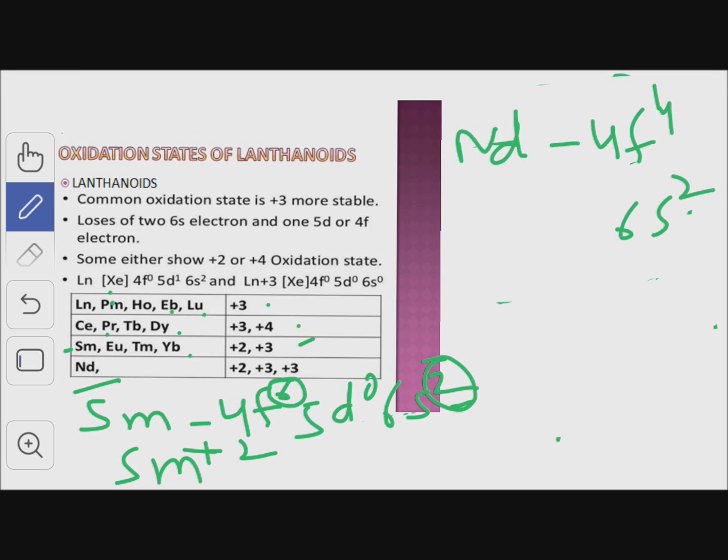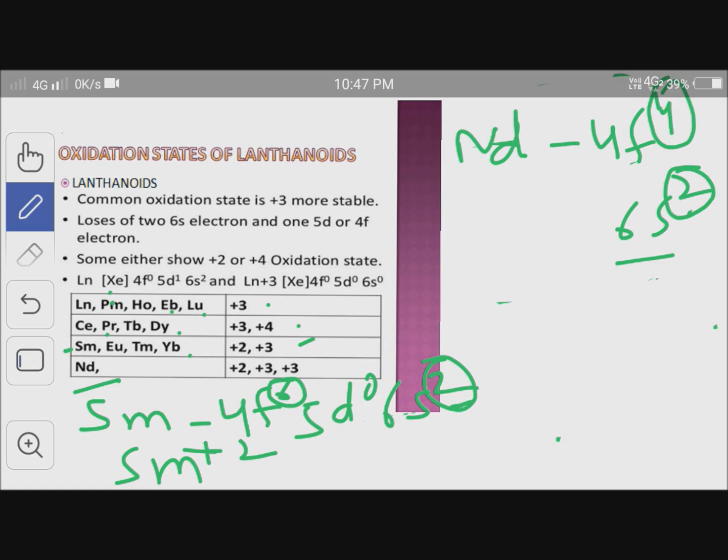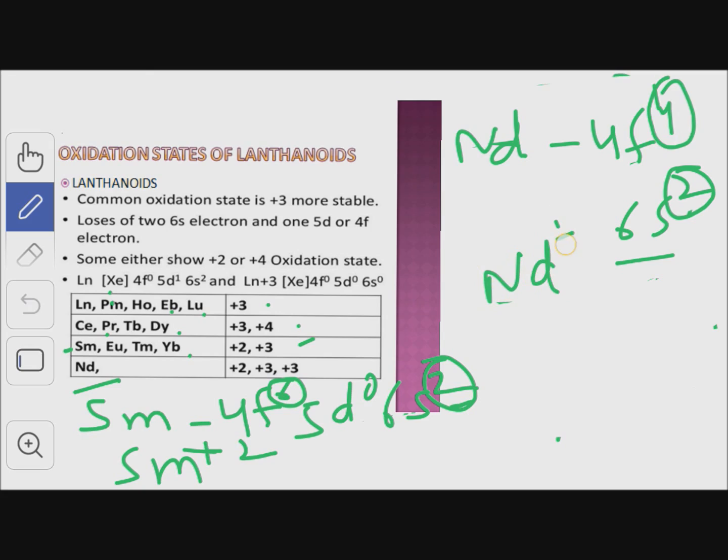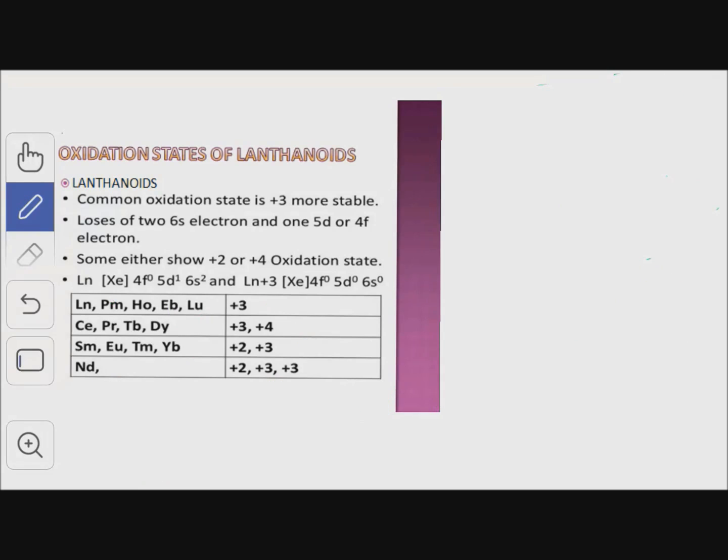By losing its 2 electrons from the 6s orbital and 1 from the f orbital, it acquires +3 oxidation state. And when it loses only its 2 electrons from the 6s orbital, it acquires +2 oxidation state.